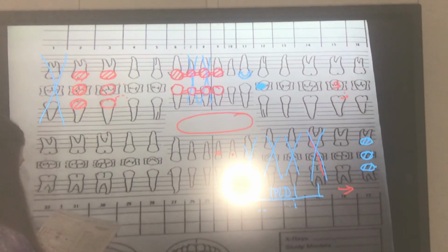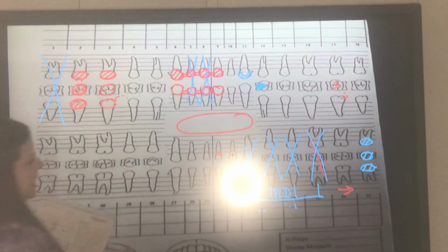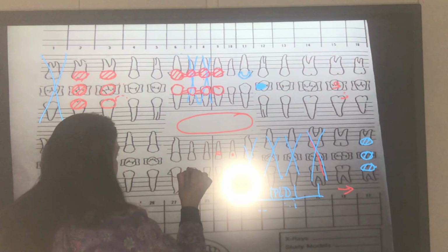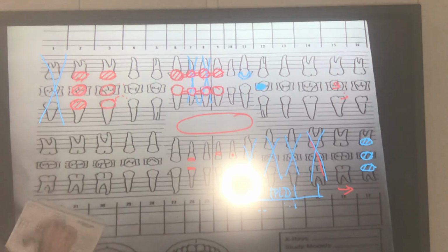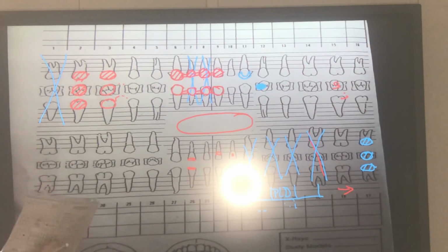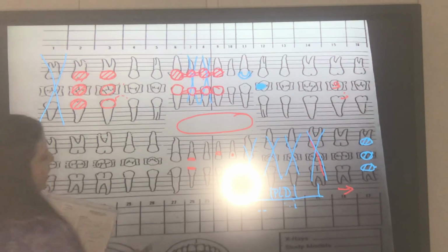Okay, number 26 needs an incisal composite. Okay, so that's just kind of an open on the incisal, which is the top third of the tooth. Okay, the biting surface.